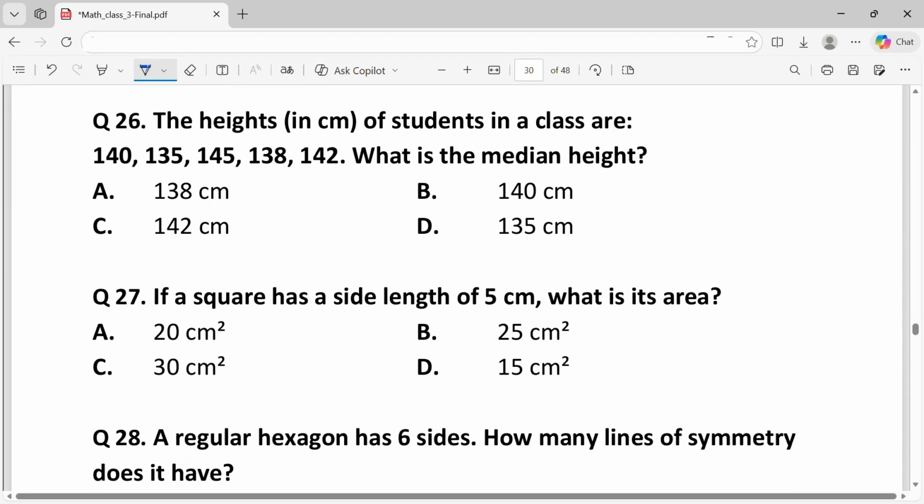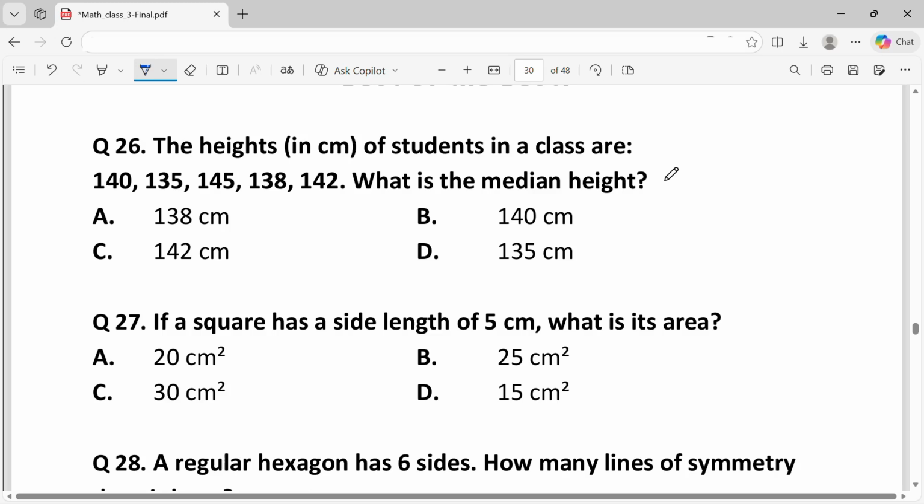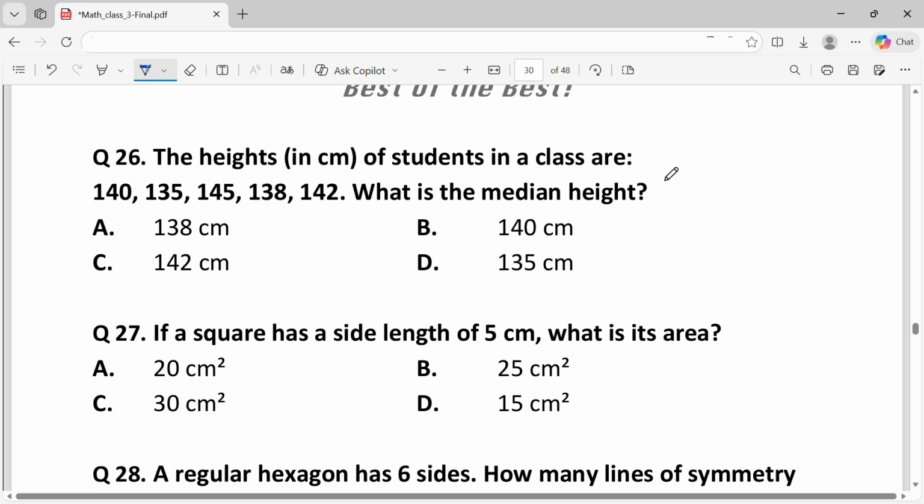Question 26. The heights in centimeters of students in a class are 140, 135, 145, 138, 142. What is the median height? To find the median height, let's arrange all the given heights in ascending order.